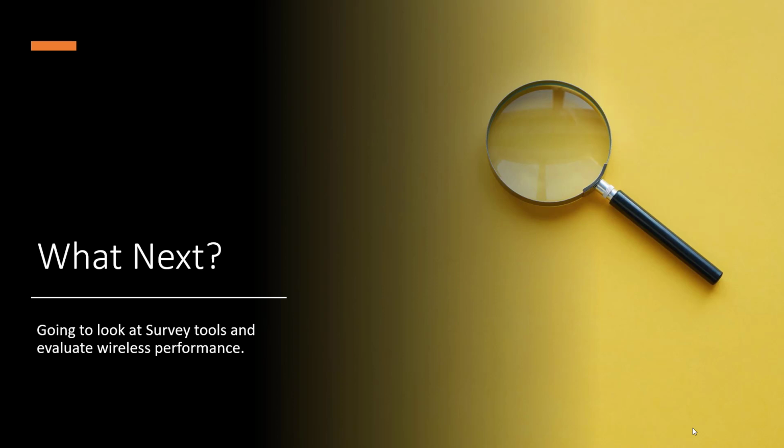You just walk into any place, open your tool and see how many wireless signals are around you, how they perform, and so on. This is an important starting point. If you understand the survey tools and wireless impairments, you will be able to provide a better solution for problems in any wireless network. Stay tuned. I'll be talking about the survey tool in my next video.